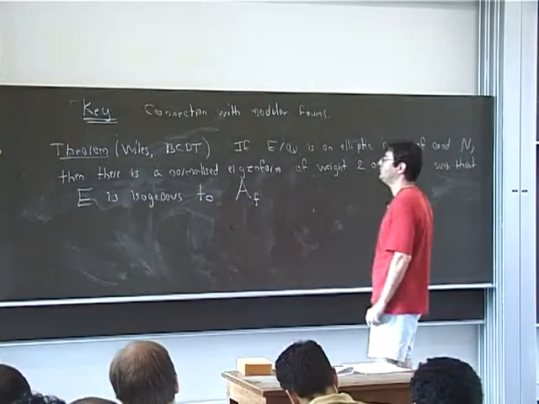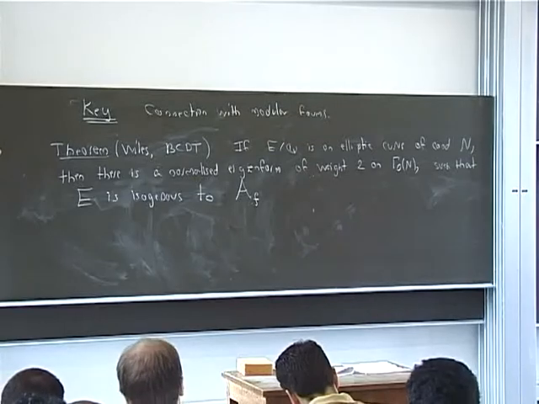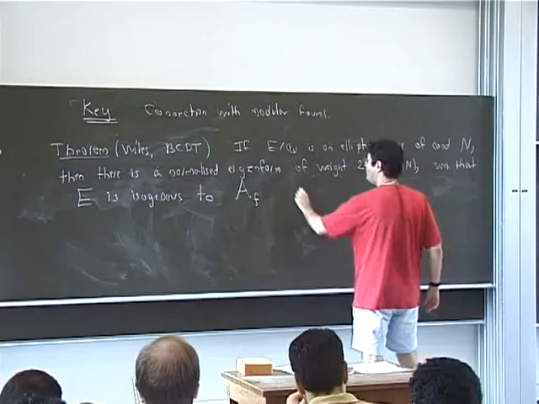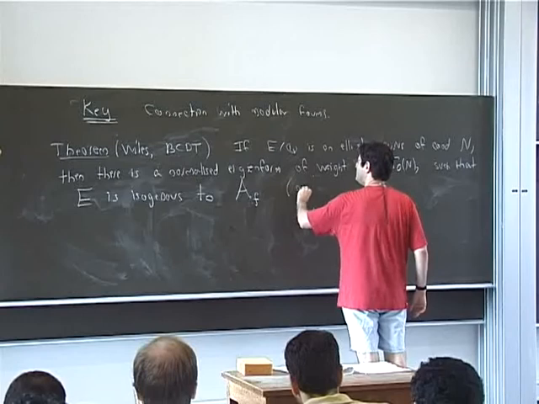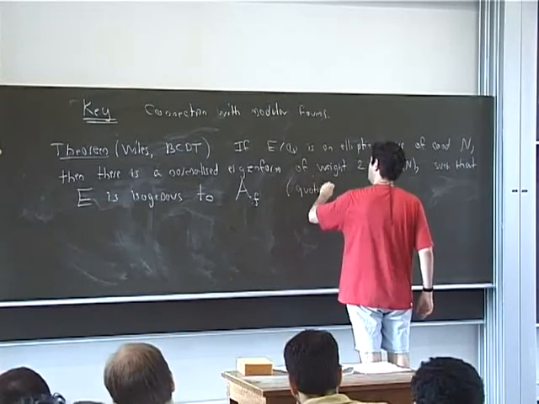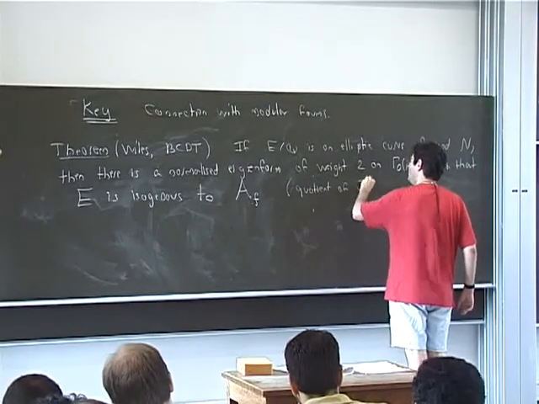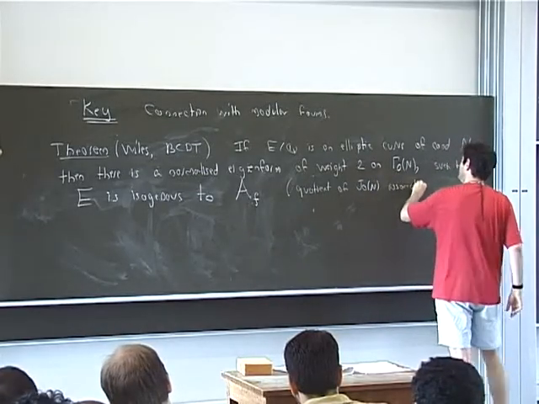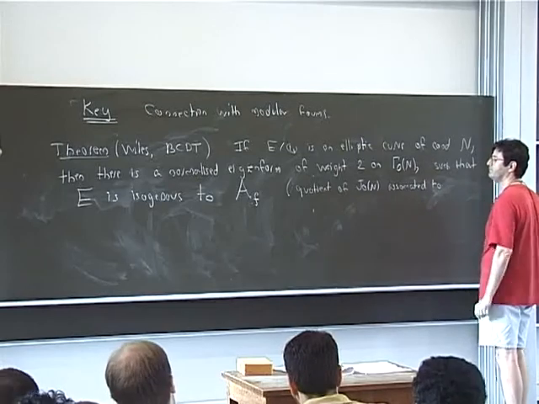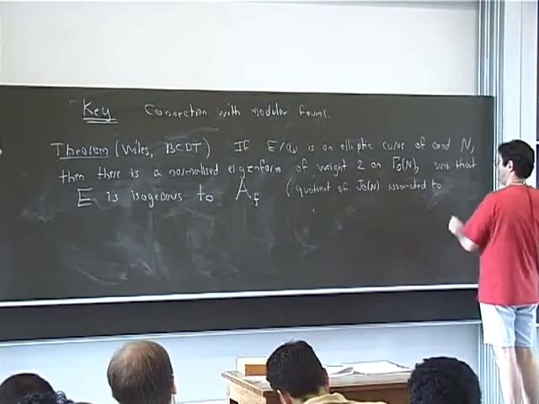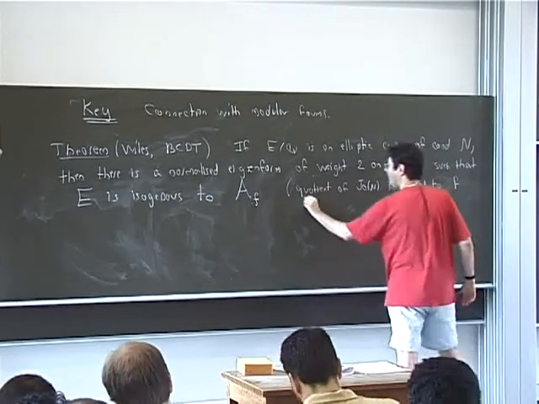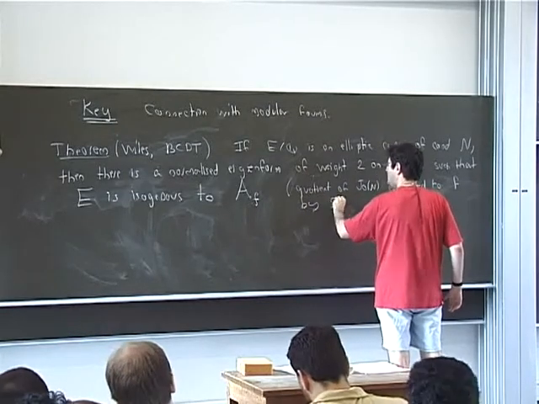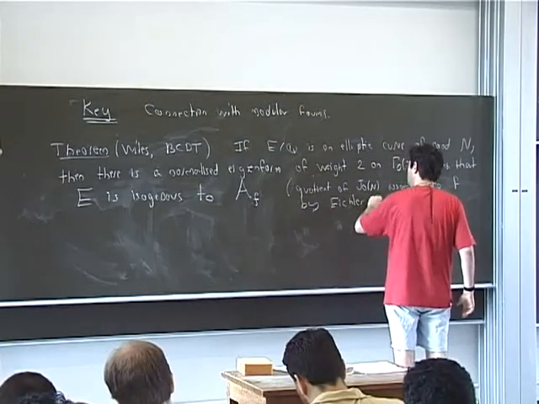In this case, it's an elliptic curve quotient, A sub f, which, remember, is the quotient of J0 of N associated to f by the Eichler-Shimura construction, which I described last week.